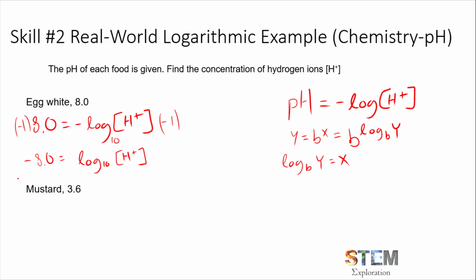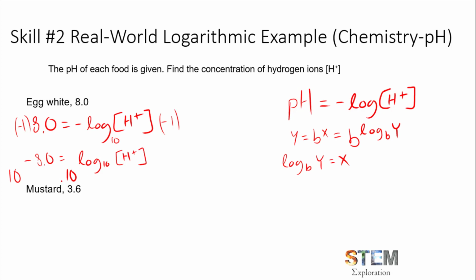And so how do I do that? Well, I can do that by going 10 to the power of log base 10 of H plus. But remember, whatever I do to one side, I have to do to the other. So 10 to the power of negative 8.0 equals 10 to the power of log base 10 of the concentration of H plus.